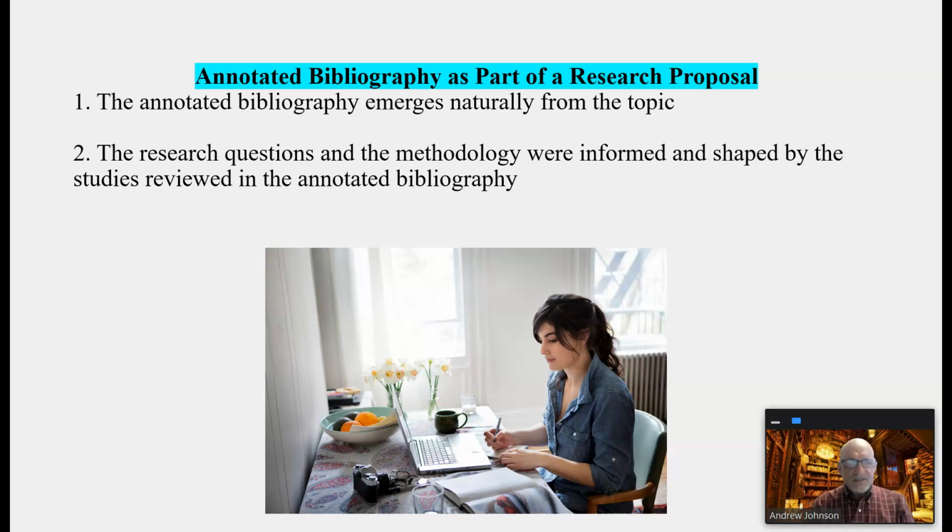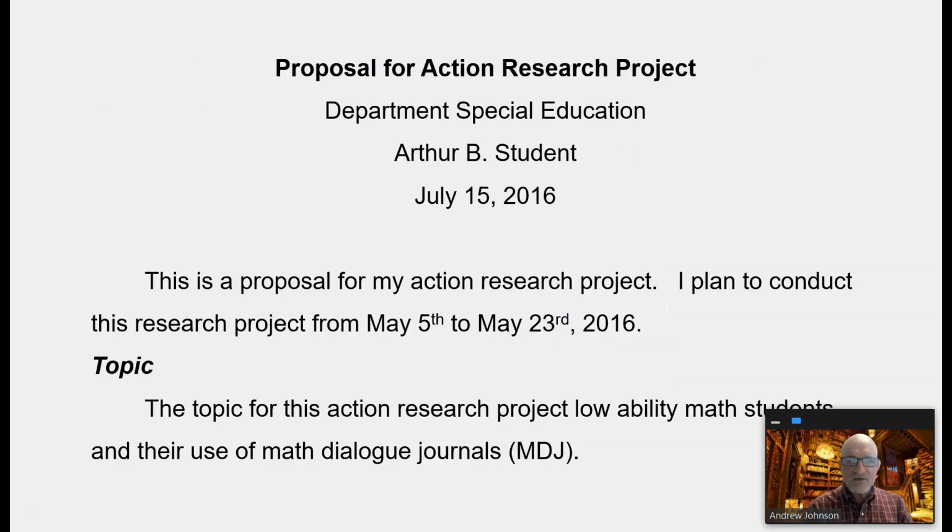Okay, the annotated bibliography, you notice it naturally emerges from the topic. And in this one, the research questions and methodology were informed and shaped by the studies reviewed in the annotated bibliography. And you can see the structure of this, and this is a made-up one.